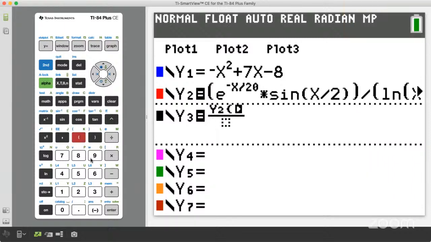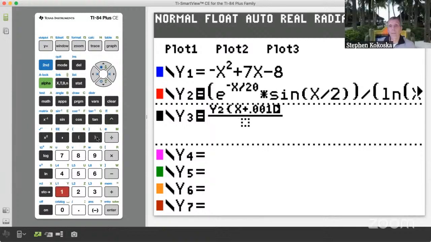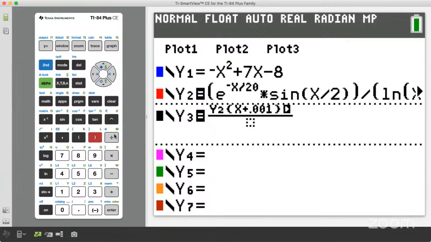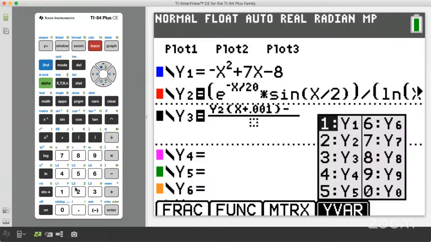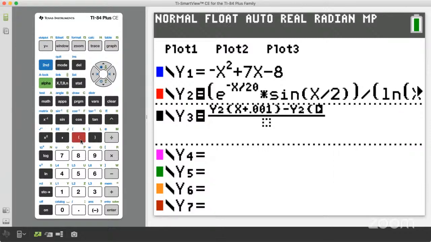And Steve, while Tom's inputting this difference quotient here, yes, I did get a question in the chat. Oh, good. We had a student, I think, that said that they would like to see another example similar to this one, which I think you have.